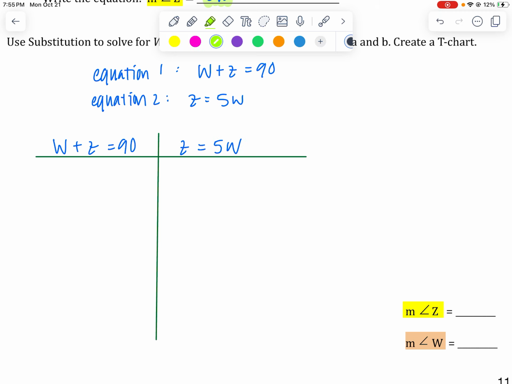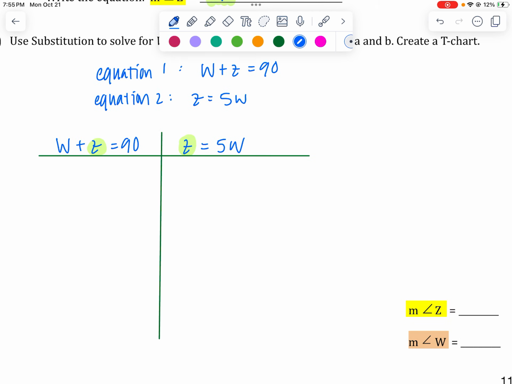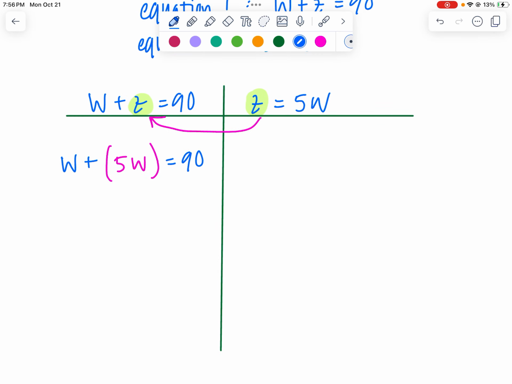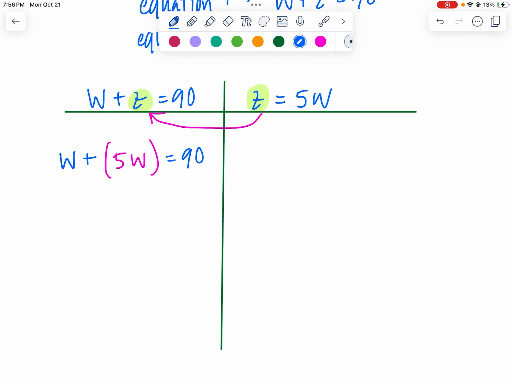Okay, right off the bat, I could see that Z is isolated, it's by itself, so I could just substitute this right in. So you're really thinking I'm going to carry down the W plus, in parentheses, 5W, and I'm going to equal it to 90. Okay, so there's nothing that we have to distribute. So I could just drop my parentheses.